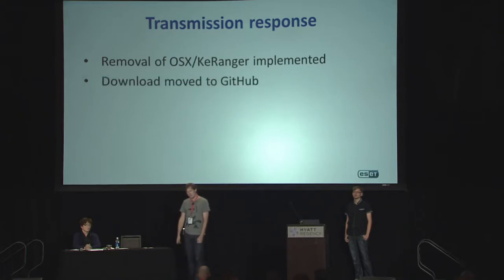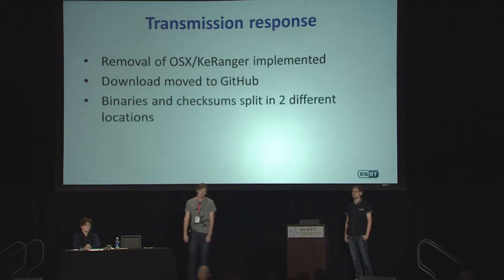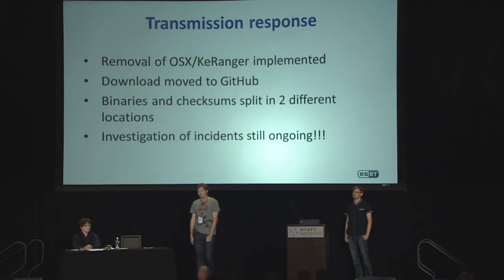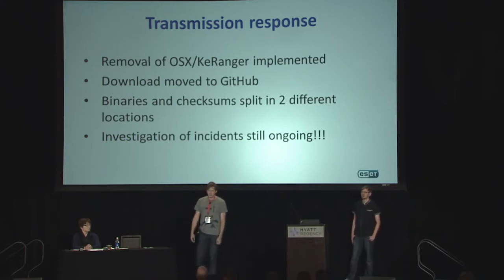And after the second incident, they moved their download to another repo, namely GitHub. And also binaries and checksums are split in two different locations. However, what we have to say is that the investigation of these incidents is still ongoing. Therefore, we won't answer perhaps the most interesting questions that we have.